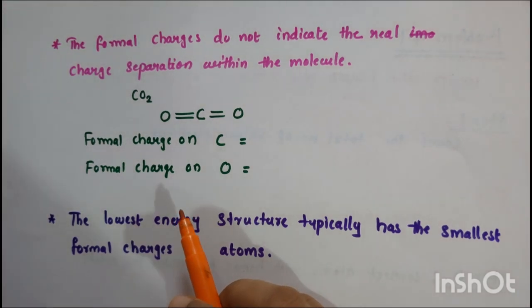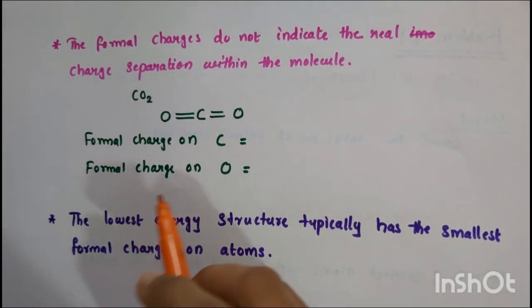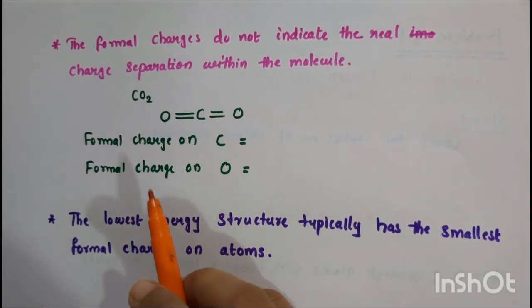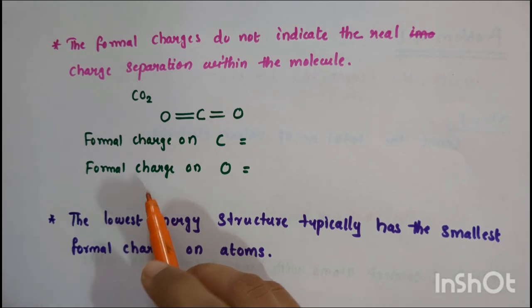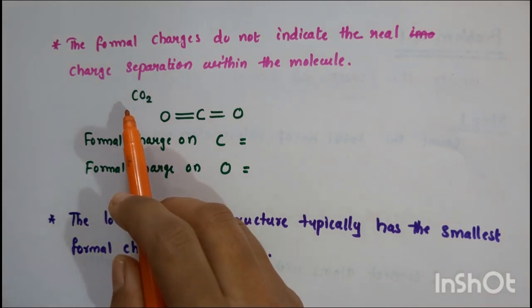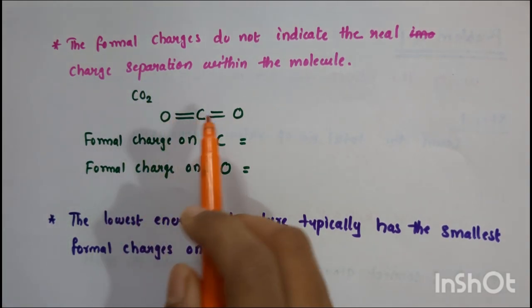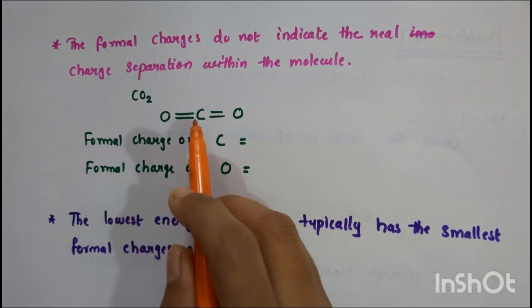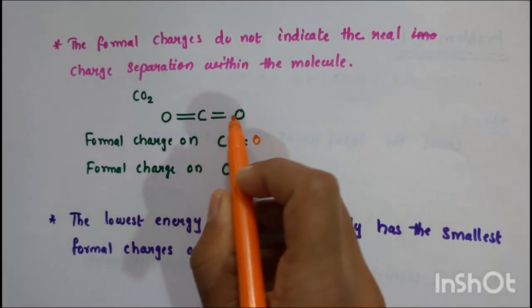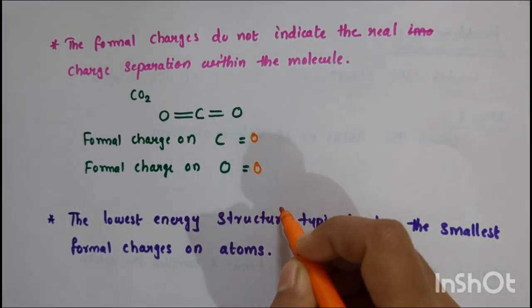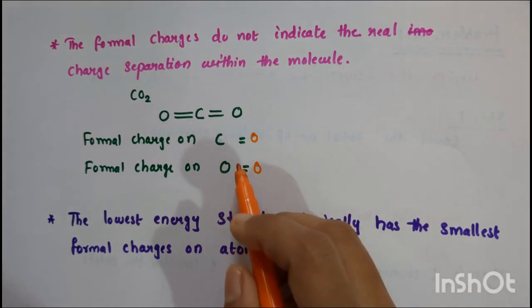The formal charges do not indicate the real charge separation within the molecule. For example, consider the carbon dioxide molecule. This is the Lewis structure for the carbon dioxide molecule, and the formal charge on this carbon is 0, and the formal charge on each oxygen atom is 0. So these formal charges suggest no charge separation.